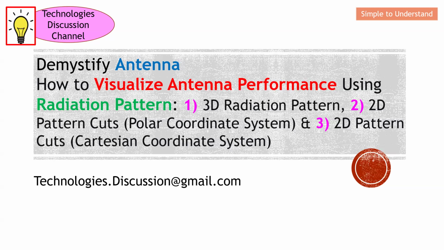For example, if we want to know the gain, it may be very challenging to obtain the full coverage of the gain. However, this 3D radiation pattern will be very useful if we want to know how directive the antenna is. For example, when we have this antenna, we would like to know whether it is an omnidirectional or directive antenna. Therefore, this 3D radiation pattern will be very useful for us to see the radiation pattern of the antenna.